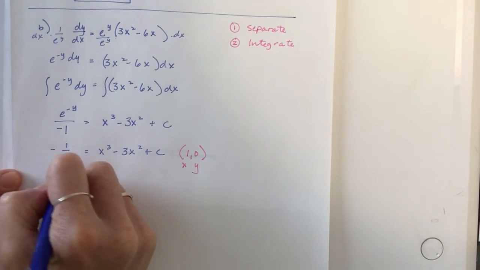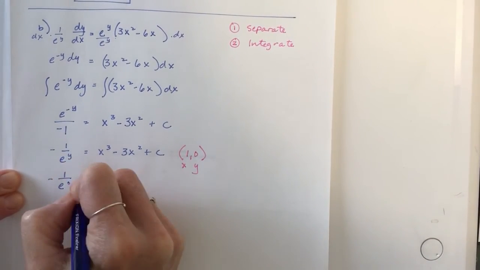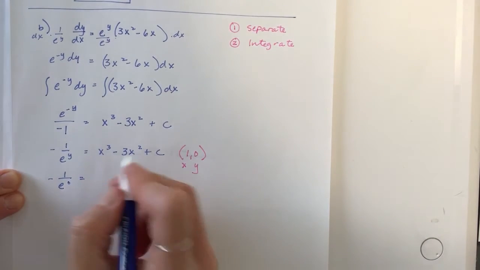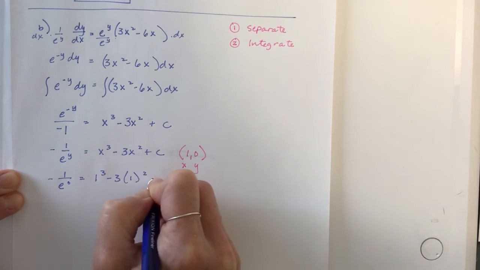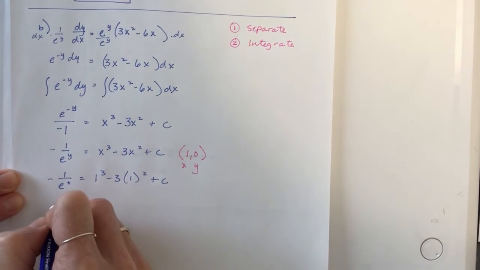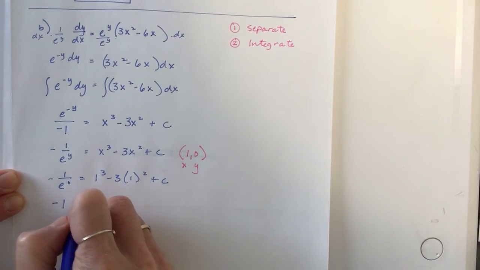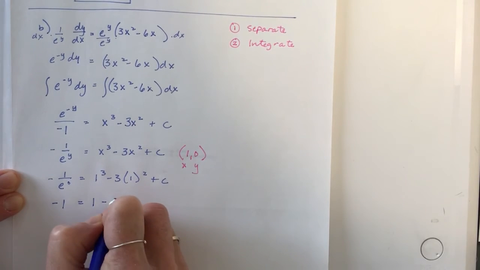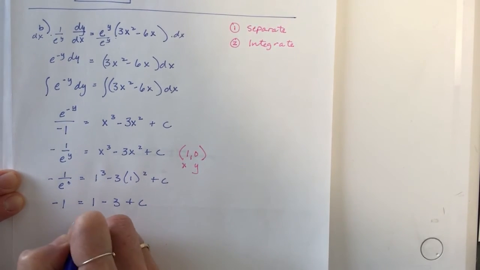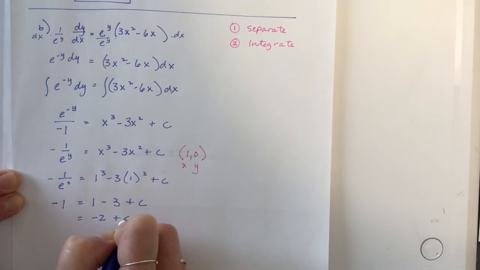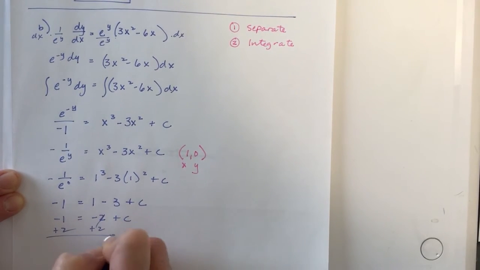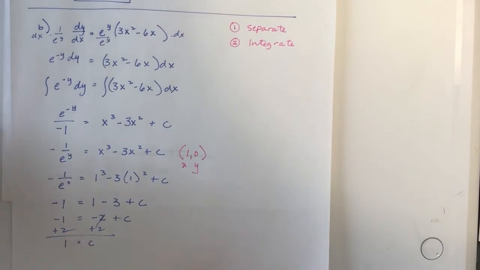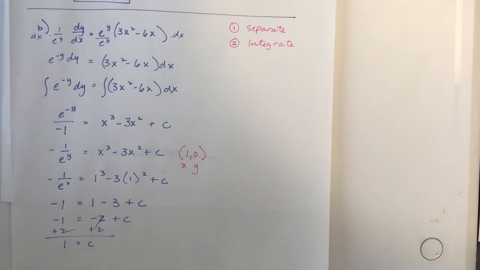So we get negative 1 over e to the 0 is equal to 1 cubed minus 3 times 1 squared plus c. All right, so we get negative 1 here is equal to 1 minus 3 plus c. So negative 2 plus c, negative 1, we add the 2 over. I got c is equal to a positive 1.